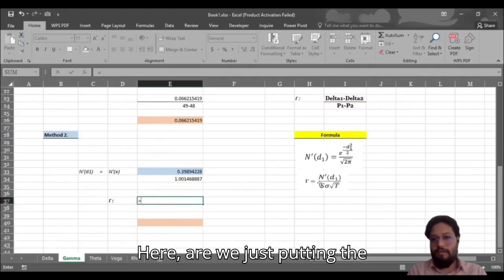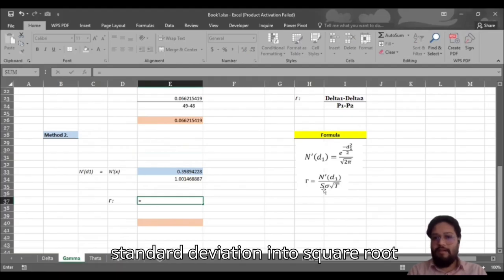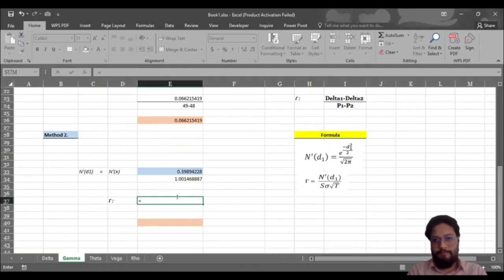For gamma, we just put in the values, as d1 divided by the standard deviation times the square root of t, right?